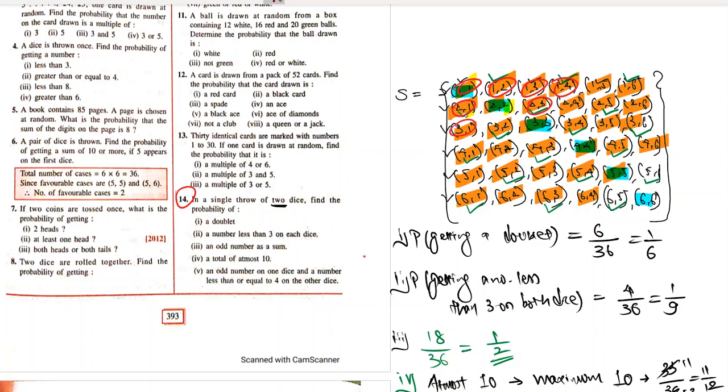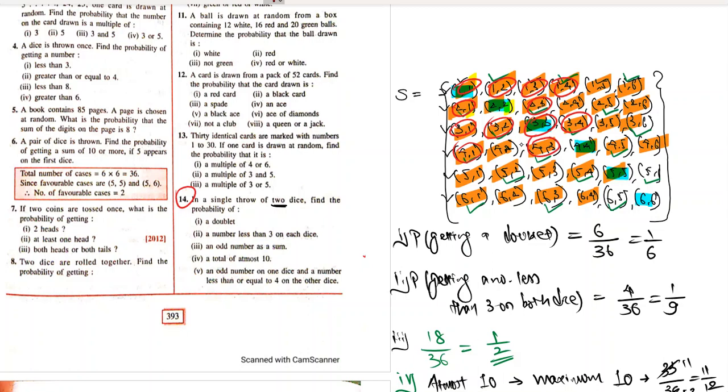Next one. 3 comma 1 is okay. 3 comma 2 is okay. 3 comma 3 is okay. 3 comma 4 is okay. Okay. Then 4 comma 1 is okay. 4 comma 2 is not okay. 4 comma 3 is okay.